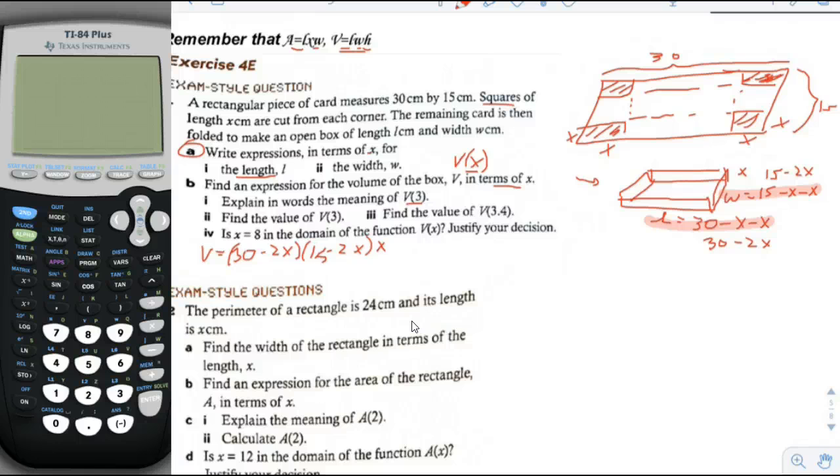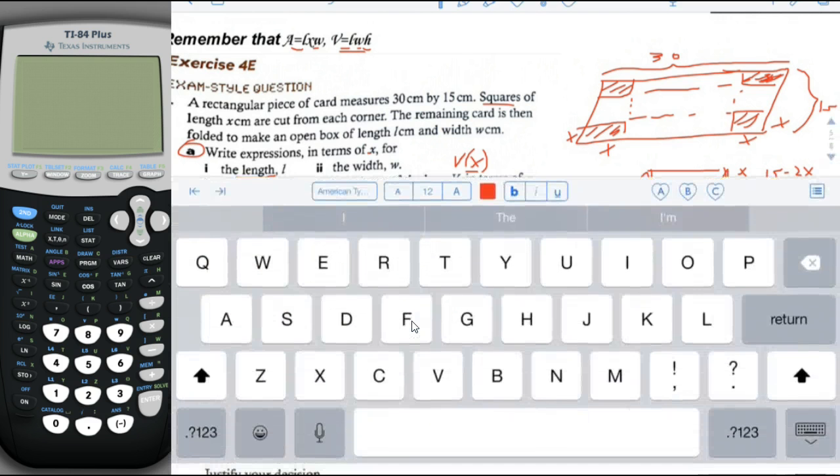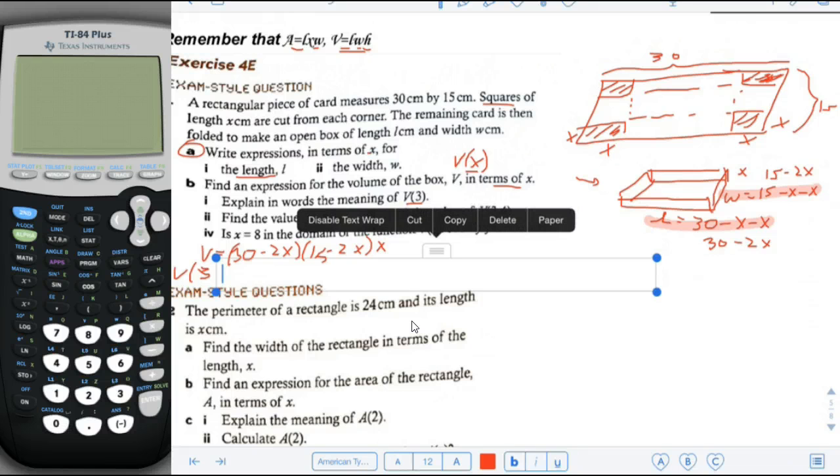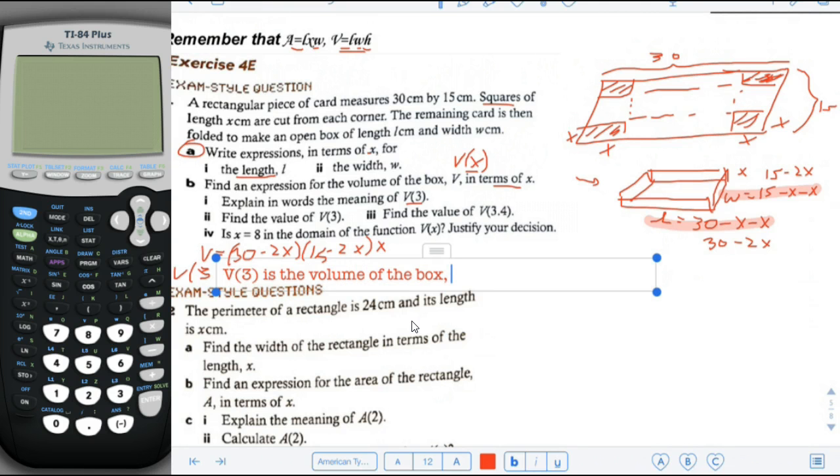So what we mean by V of 3 is, we could say that V of 3 is the volume of the box when x, or the height, is 3. Okay?